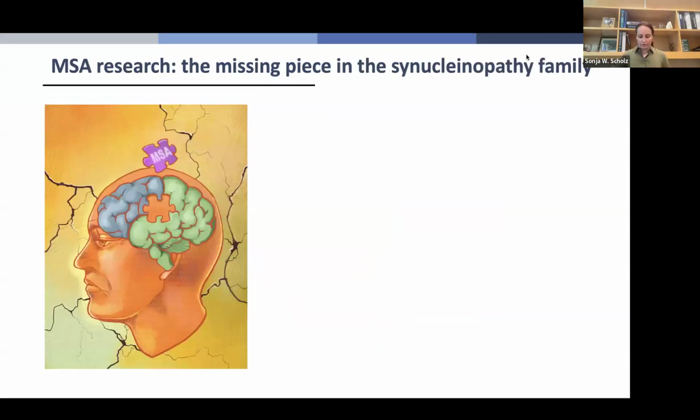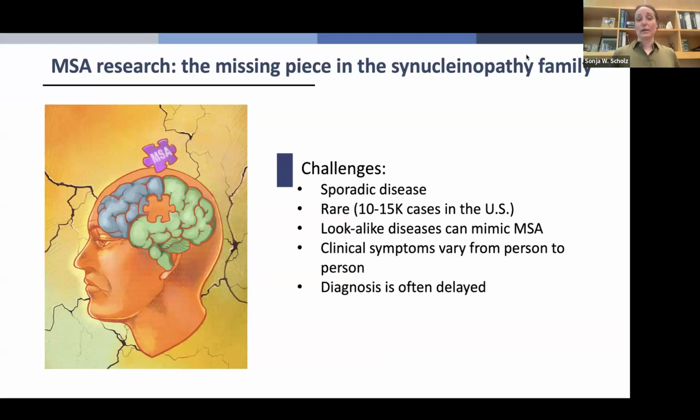There have been major advances already due to modern technologies, genomic sequences, and data sciences, to gain insights into Parkinson's disease and Lewy body dementia. But MSA research has really been quite challenging, and it's not for lack of interest. It's because it's a very challenging disease to study.